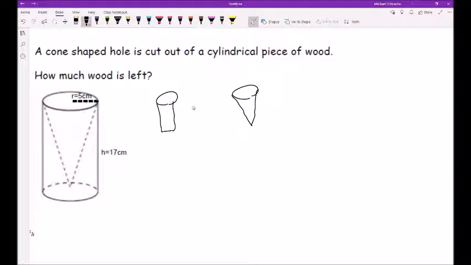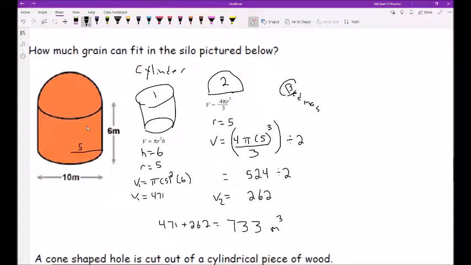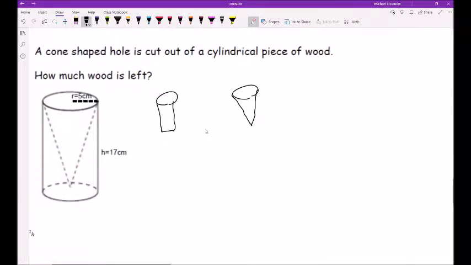I may be the worst artist you ever see. Okay? Now for this one, on the one above, we added the two shapes together, right? For this one, are we going to add or subtract? We're trying to find how much wood is left in here.